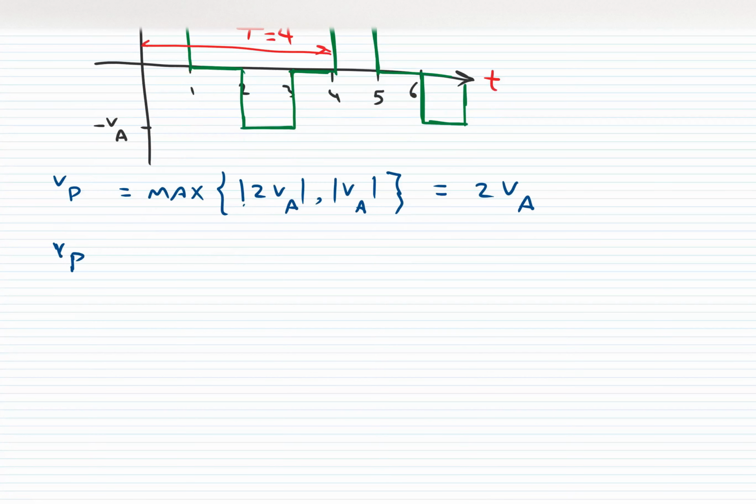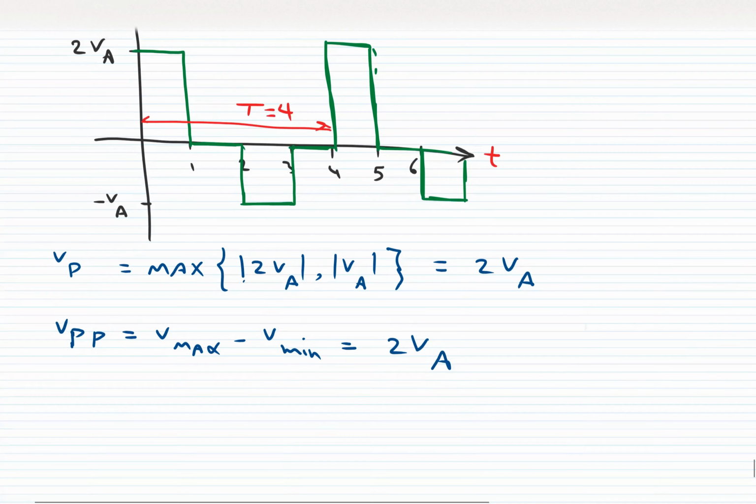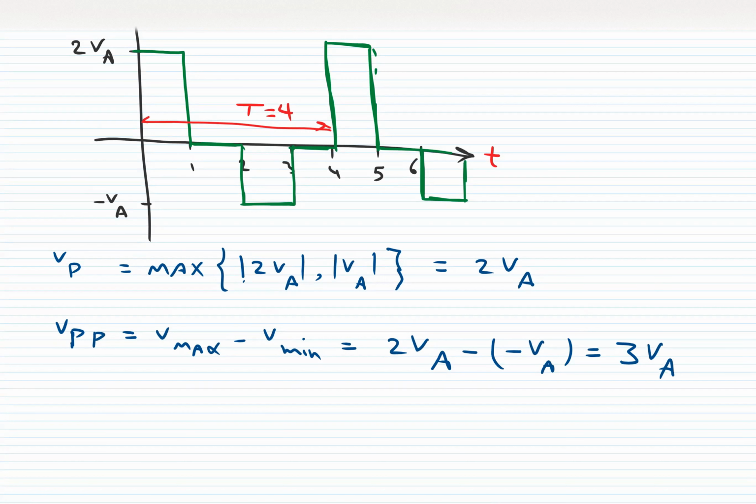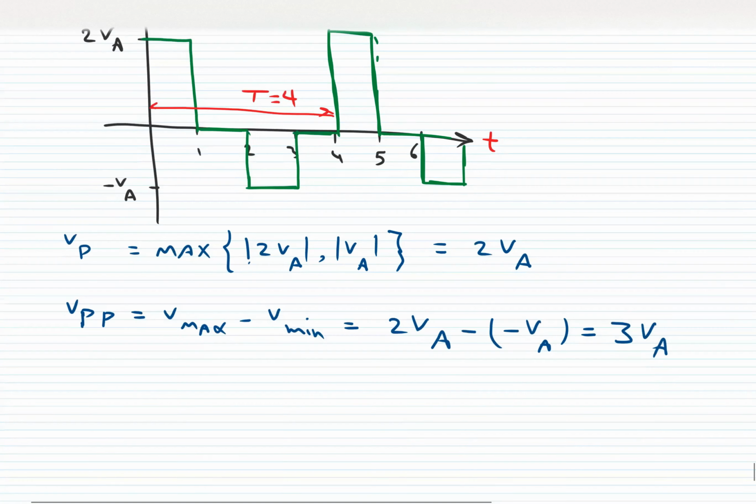V peak to peak is V max minus V min, which is equal to V max, 2VA, V min is minus VA, so 2VA minus VA is 3VA. So this one is V peak to peak.